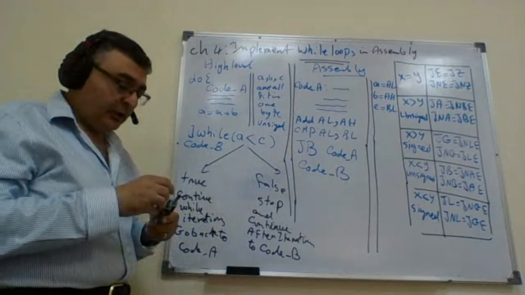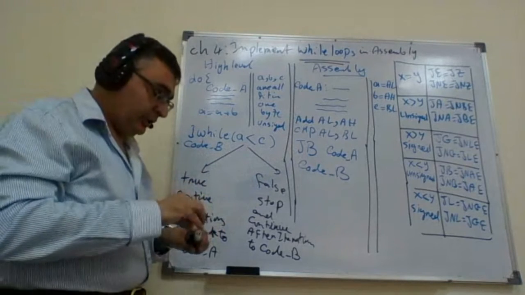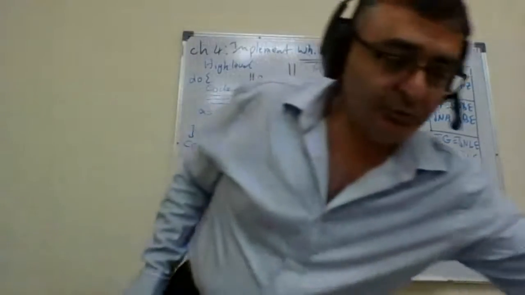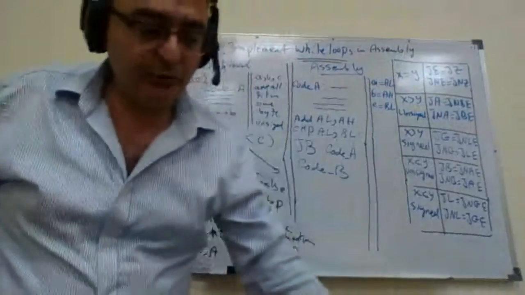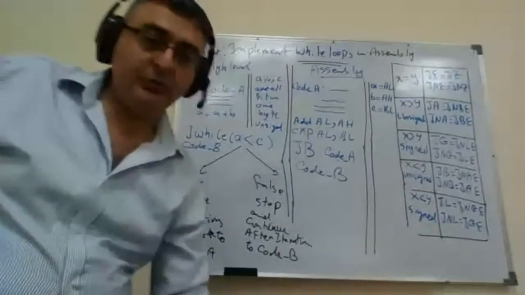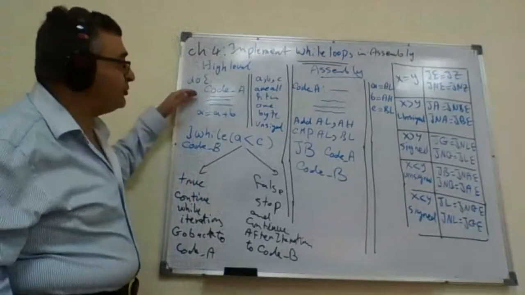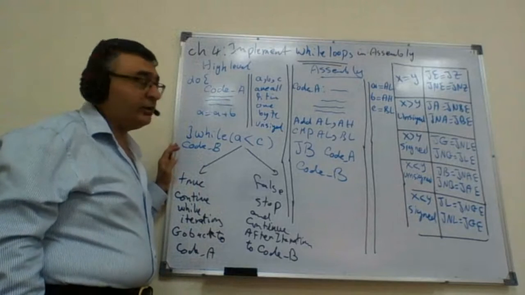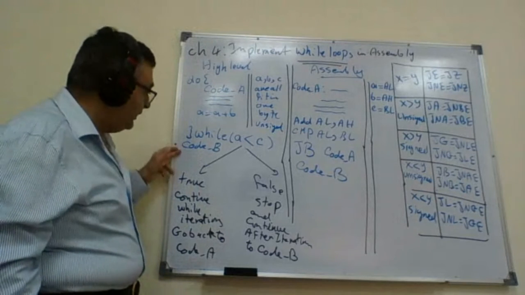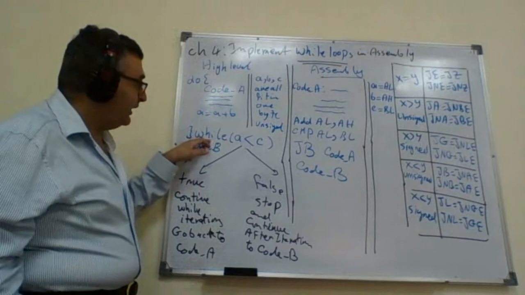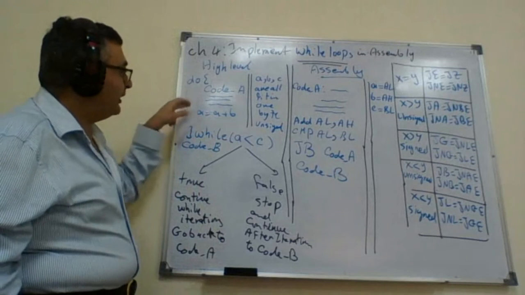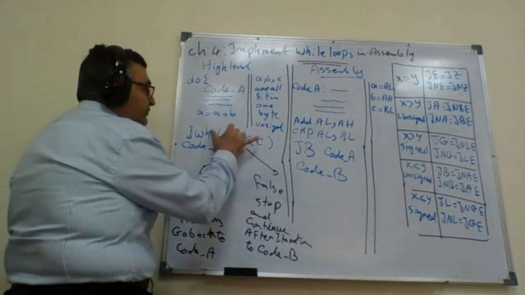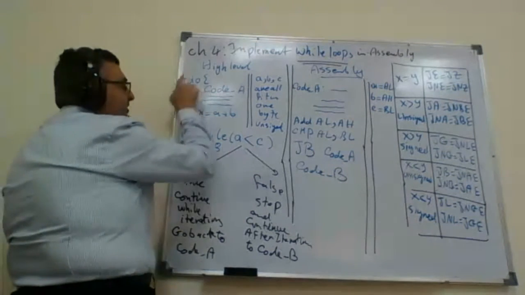As a second example, I also want to go to our slides and show you the difference between the do while and the while. This is what we call the do while loop. We also have something called the while. What is the difference between do while and while? While does not have the do. I have while and then the brackets, so this statement is shifted up to replace the do.